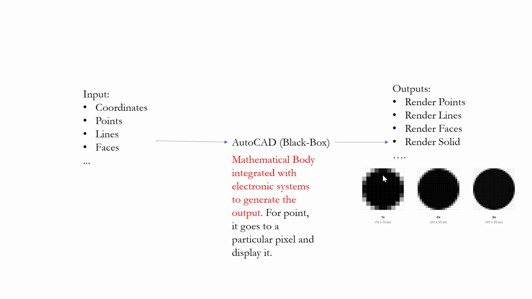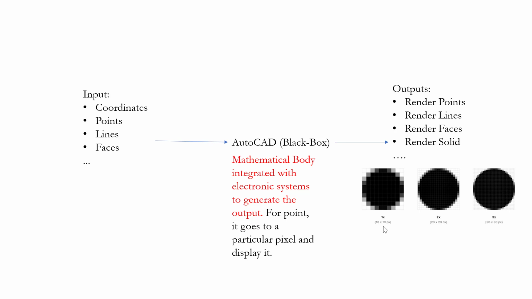If you take the computer screen, it is made up of pixels. Pixels could be seen as a set of grids, like the square grids in your chessboard. It is like that only. So a typical screen will consist of square grids, we call them pixels.